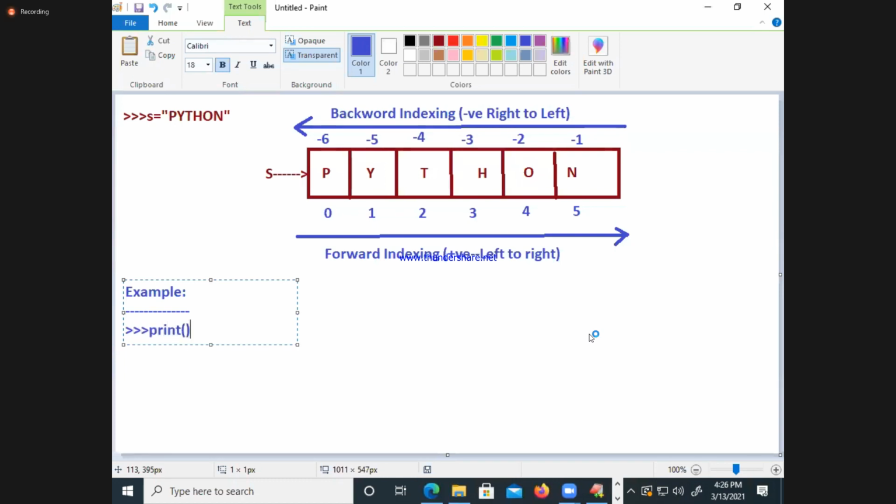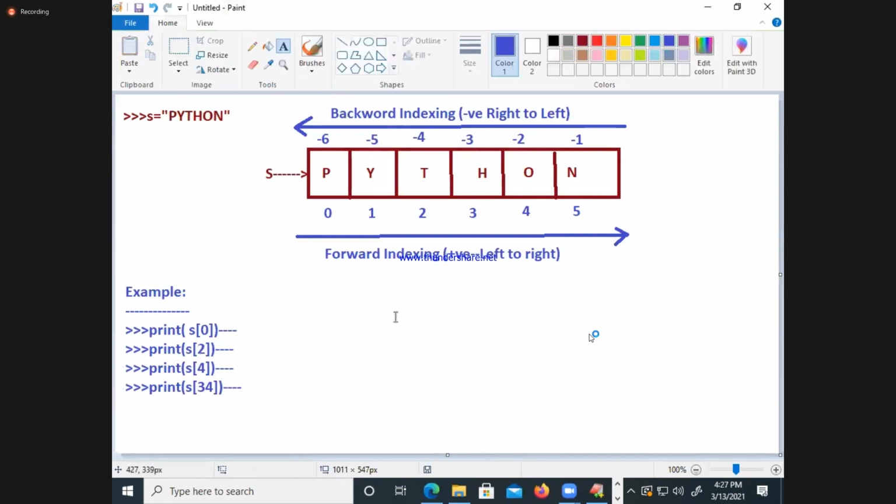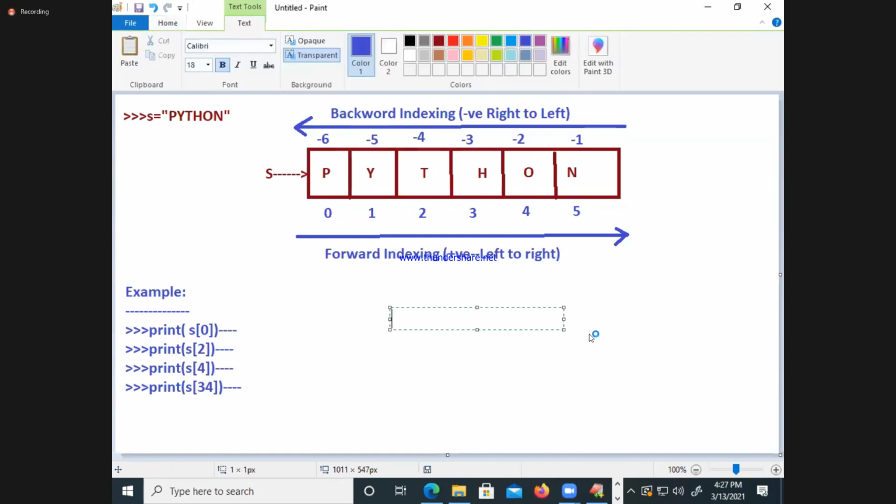Come on, write down. Start. You only start with 0. Write the answers. Print of S of 2. Print of S of 4. Print of S of 34. You try to write the outputs, and on the other side I will write. Print of S of minus 3.